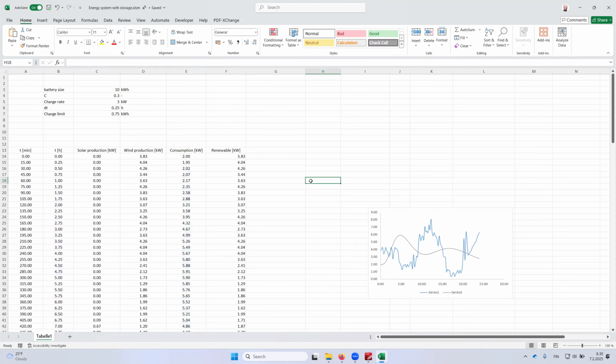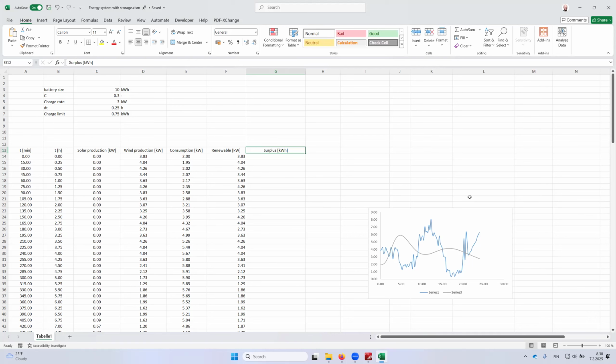After that, we'll have to determine what kind of a shortage or surplus we have. So I can call this surplus in kilowatt hours. So how many kilowatt hours are in surplus?